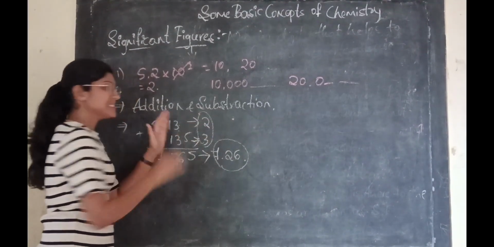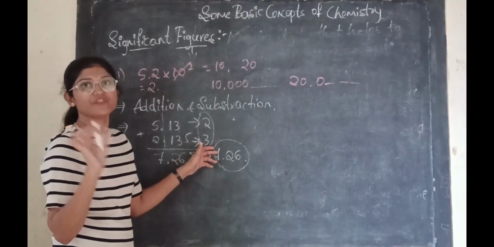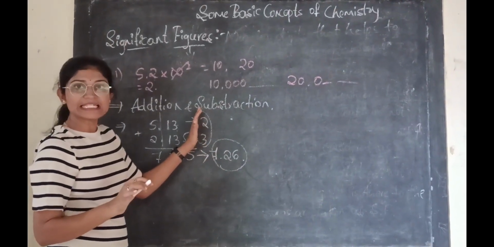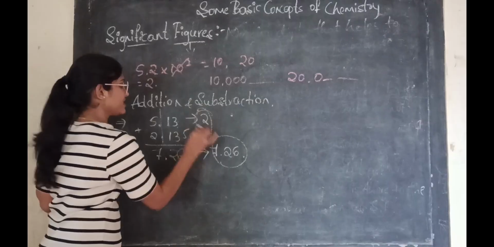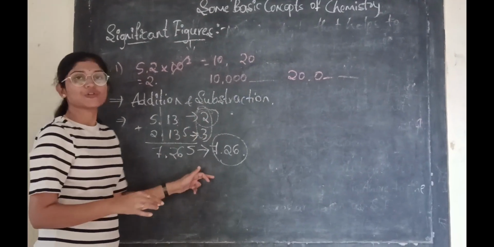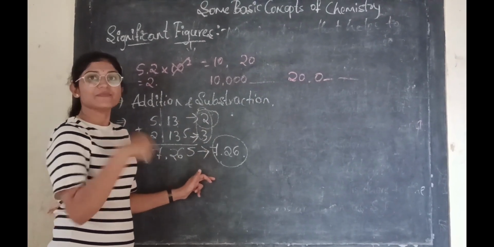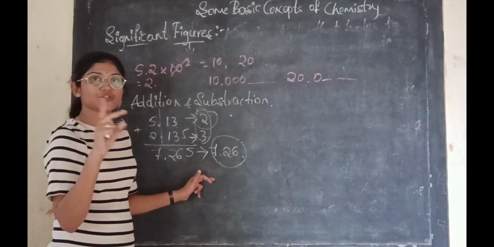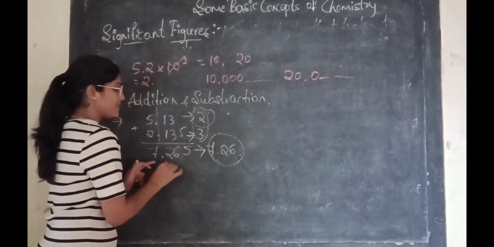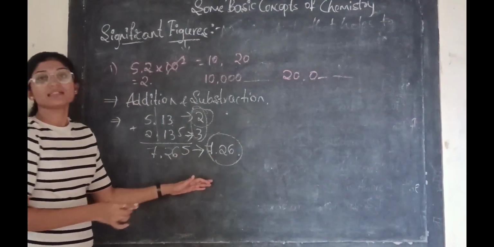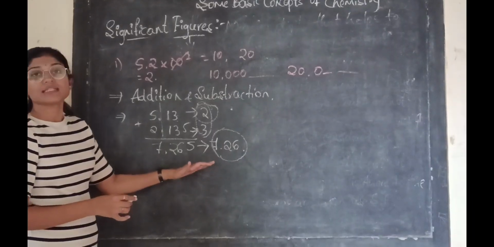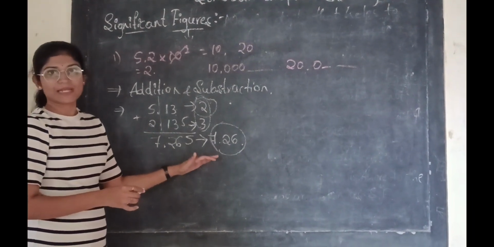You should consider the least number of significant figures, which is 2. So the answer should have 2 significant figures after the decimal. That's why 7.26. The same applies for subtraction.